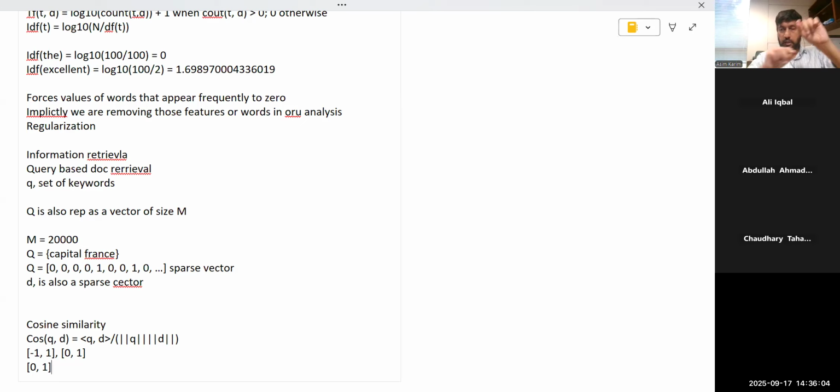If they're 90 degrees apart, one here and the other there, for 2D, their similarity would be 0. So the cosine similarity is used to quantify the similarity between a query Q and a document D.